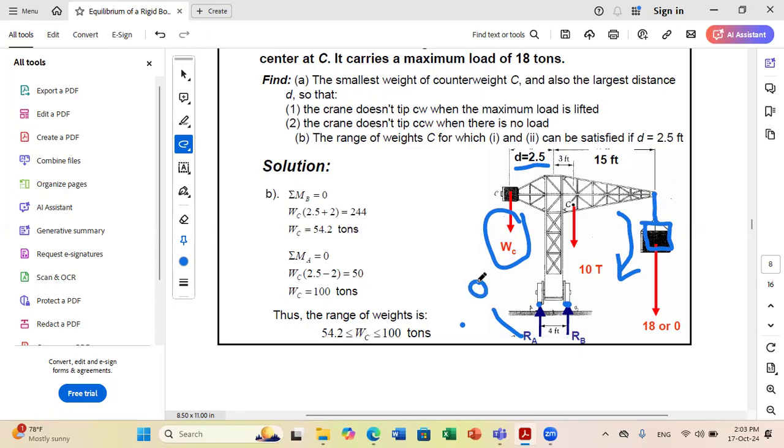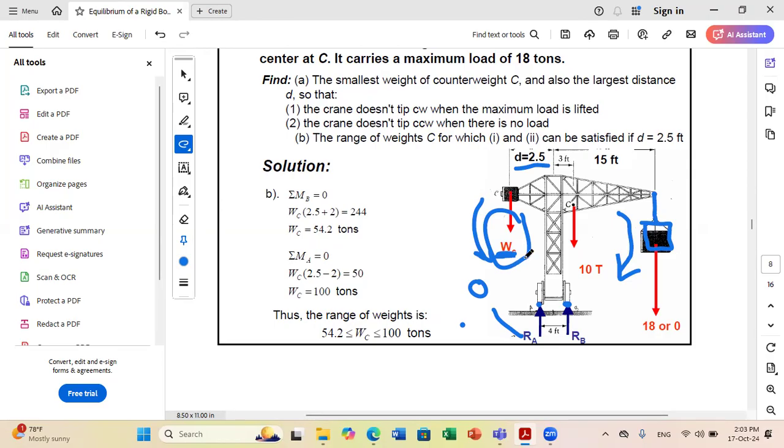Okay, and then if I solve for sum of moments about B equal to 0, I can find what should be the minimum value of counterweight in order to not have tipping over, because the counterweight will do the balance. So there is a minimum value that I cannot go below anyway to cause this balance.